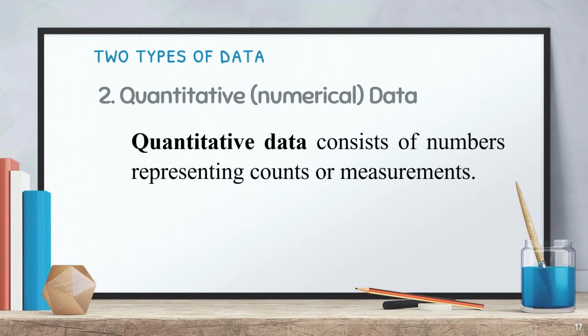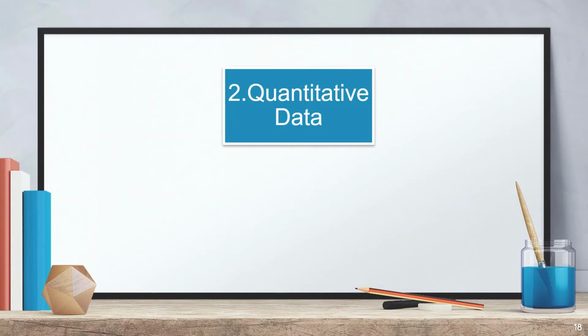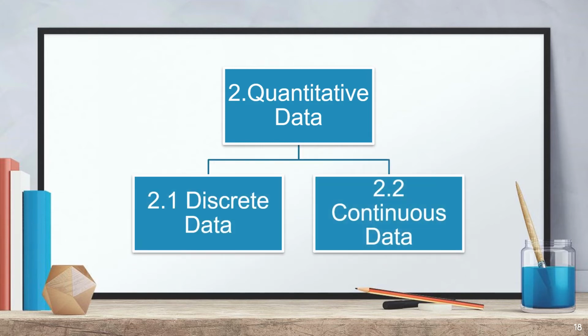Quantitative data consists of numbers representing counts or measurements. For example, weight, height, numbers of siblings. Moreover, quantitative data is categorized into two. One is discrete data and two is continuous data.